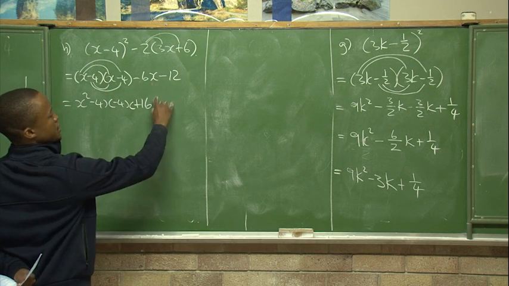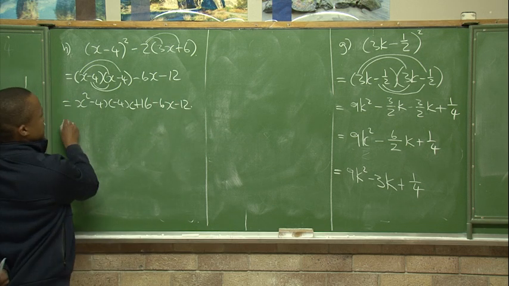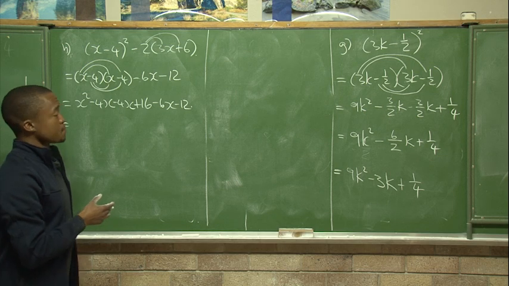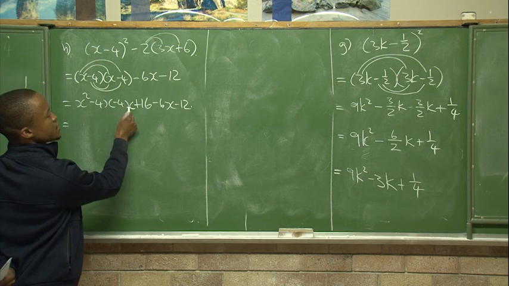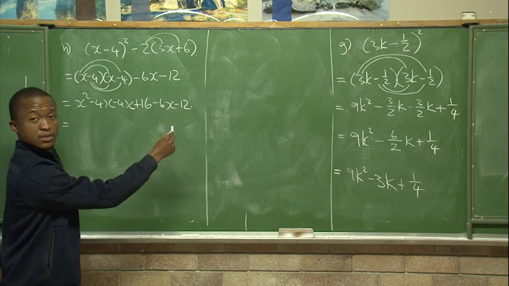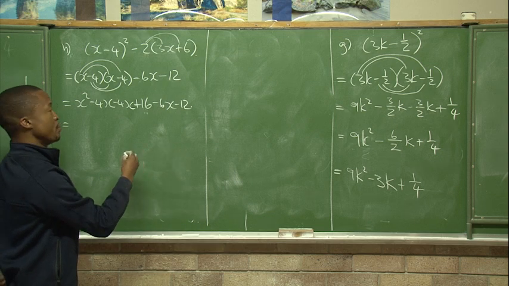We still have those terms. Now we look for like terms. Negative 4x and negative 4x are like terms, as well as negative 6x, and the constants are also like terms, so we need to combine them.